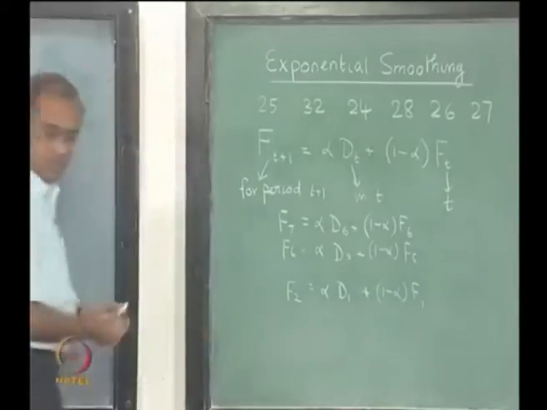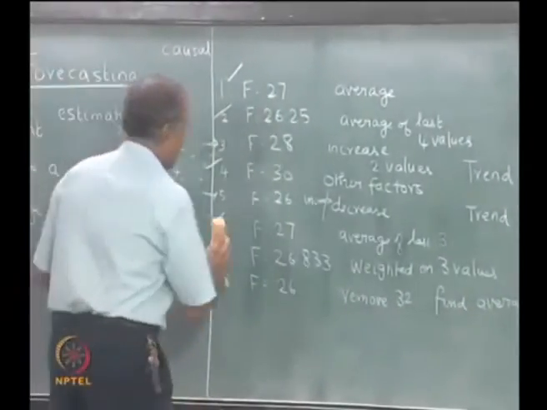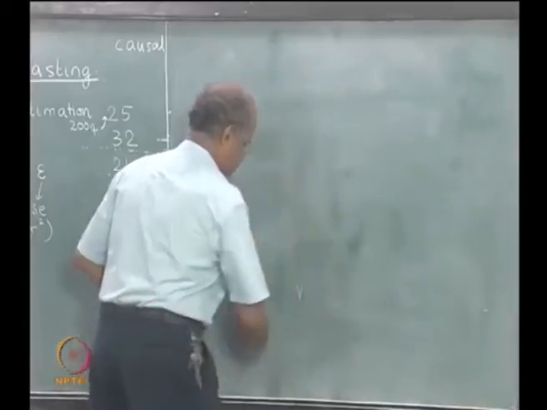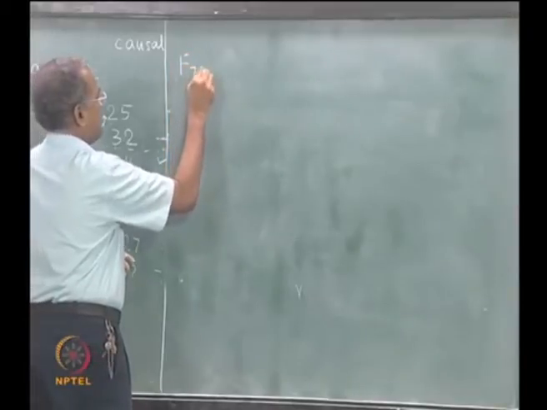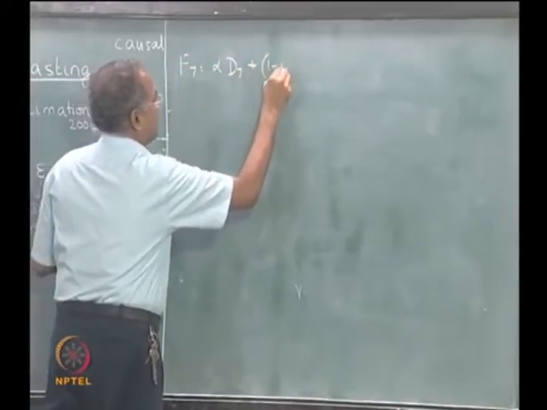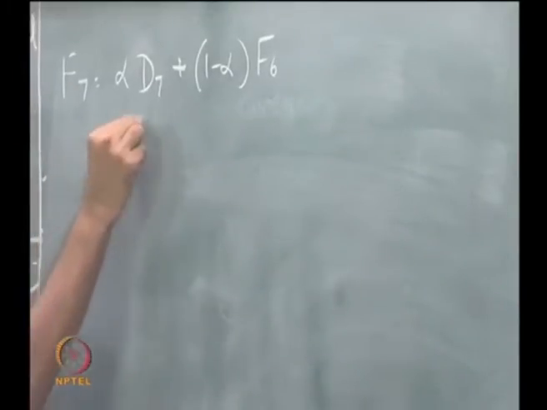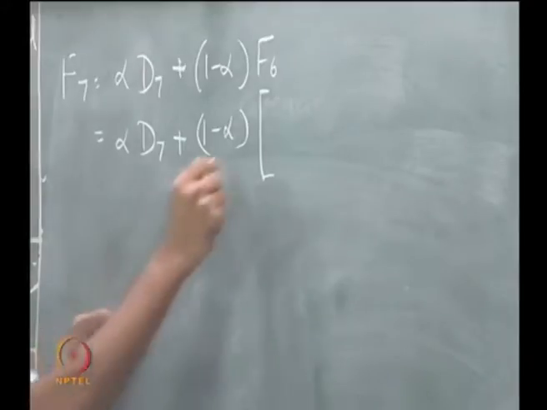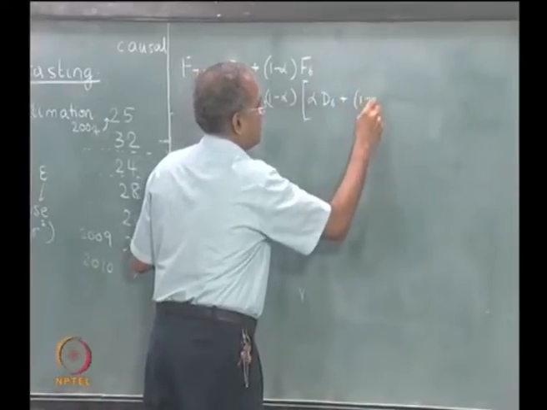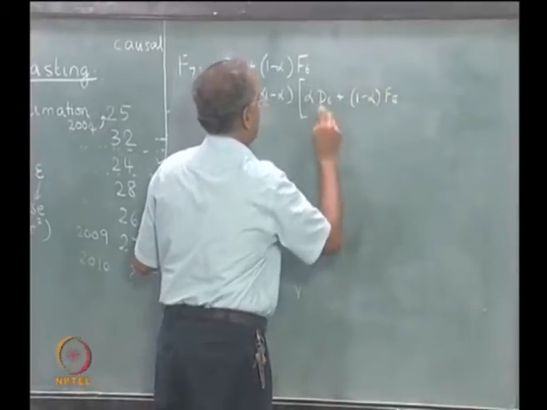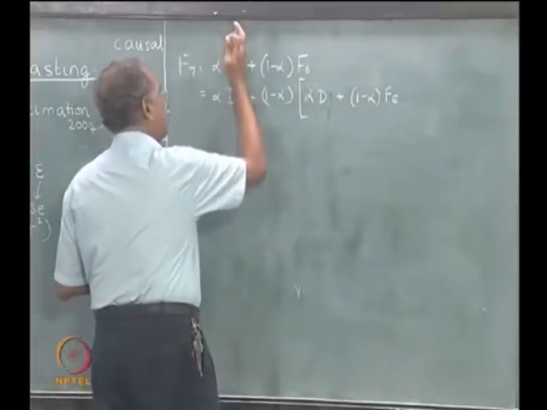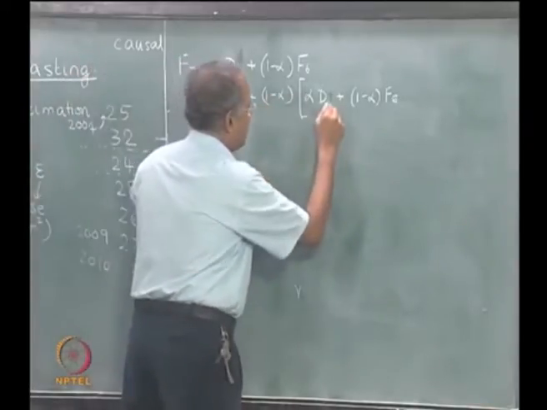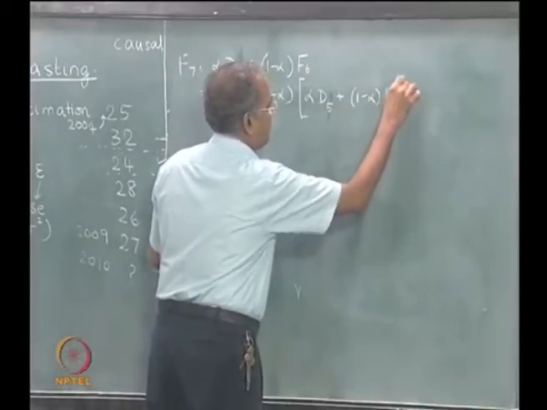In order to do that, let us write F7 as alpha D6 plus 1 minus alpha F6, which will be alpha D6 plus 1 minus alpha into, now F6 can be written as alpha D5 plus 1 minus alpha F5.